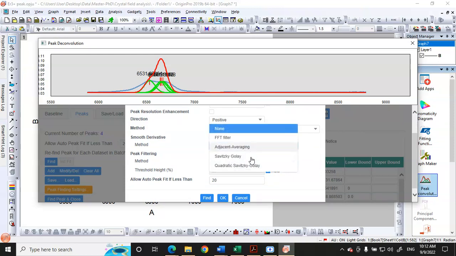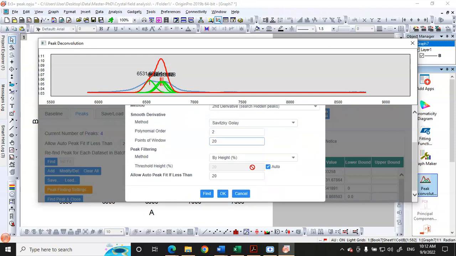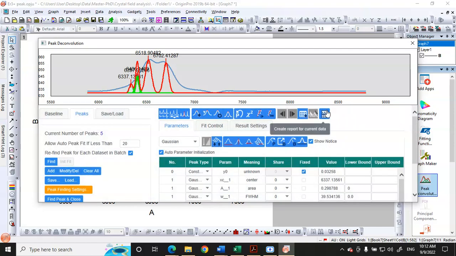And then you can go to anything. For example, you put the setting, and then you can find peaks. Okay, so you can have more peaks here. Okay, and then create report.